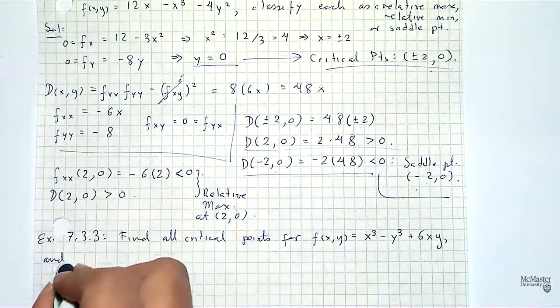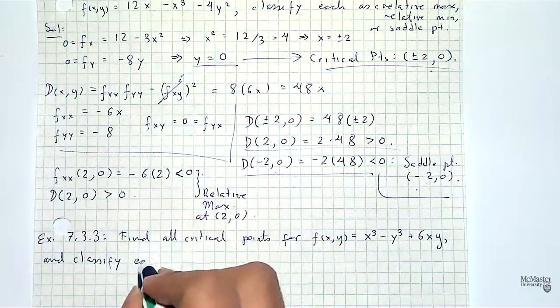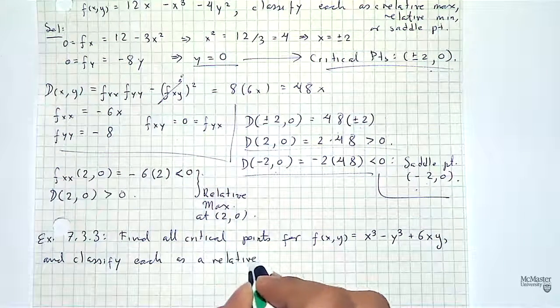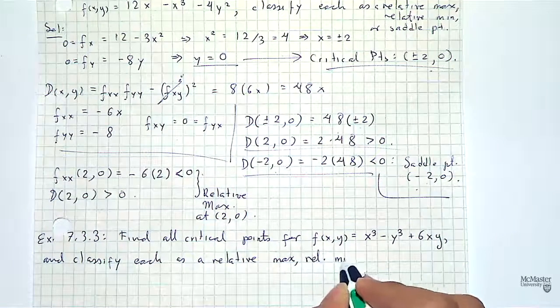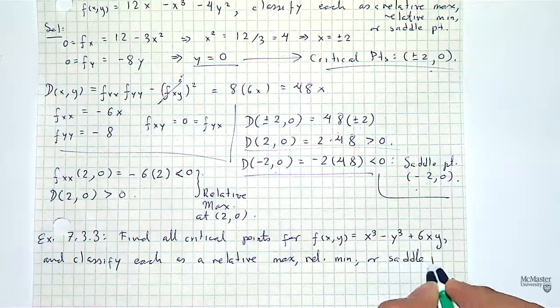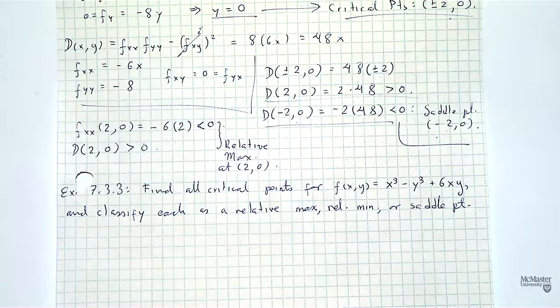And again, classify each critical point as a relative maximum, relative minimum, or a saddle point. So far, so good?